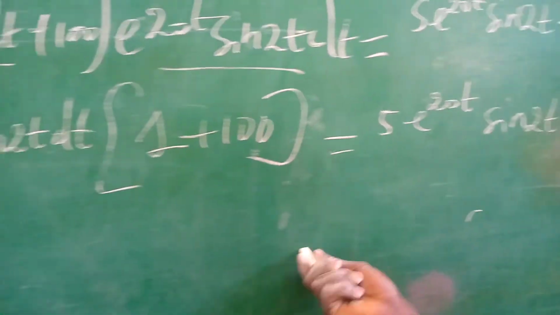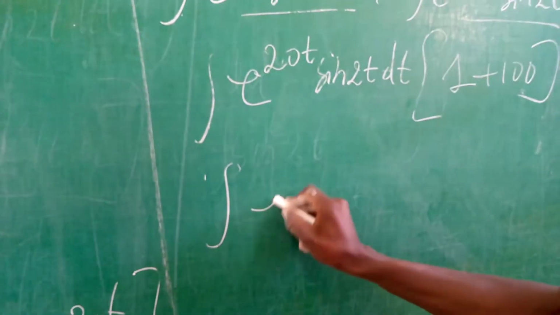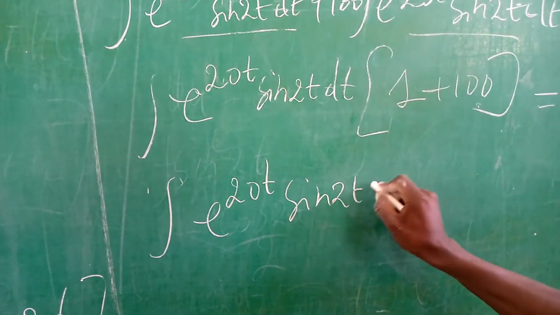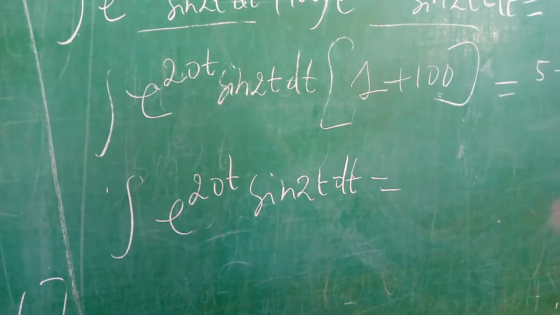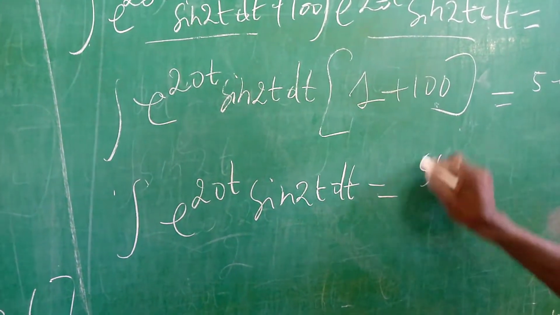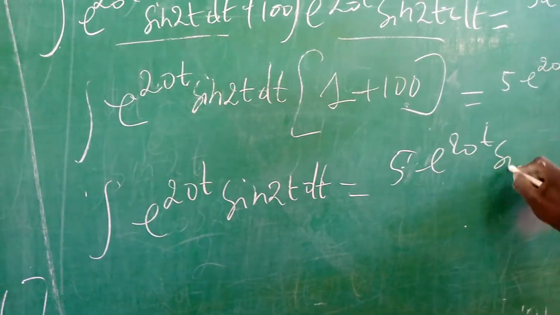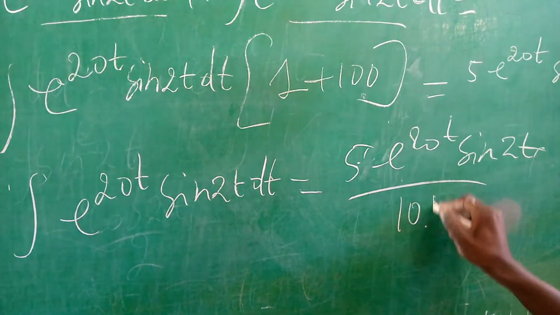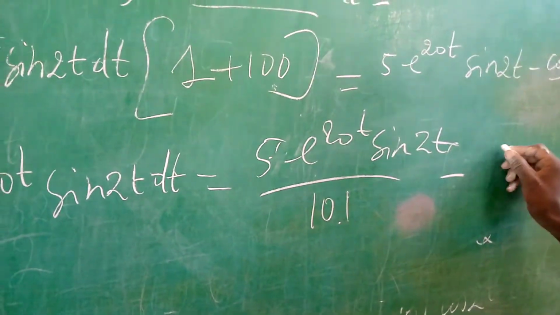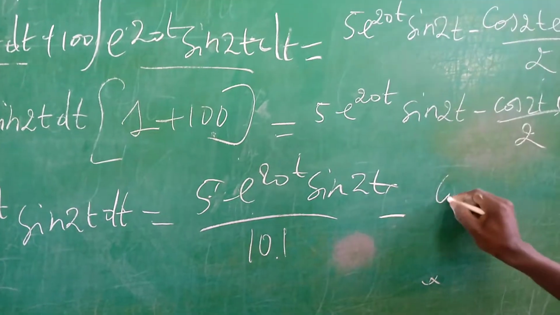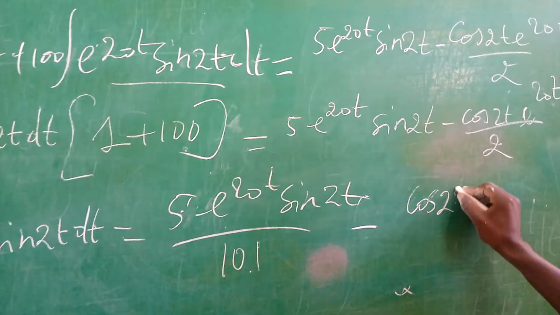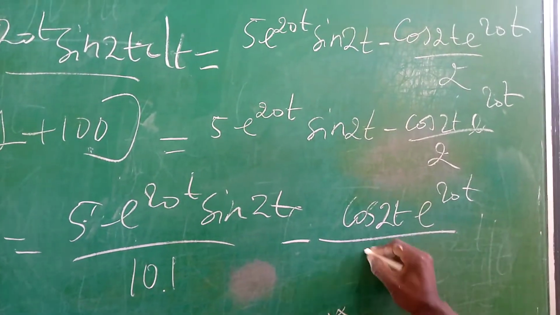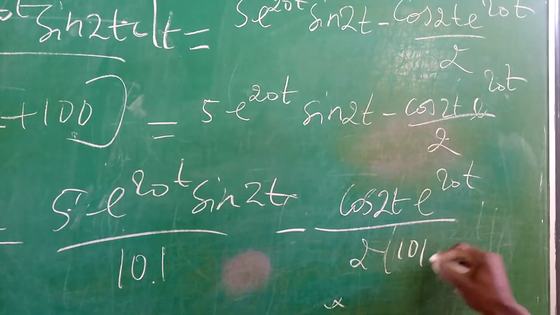So the integral of e^(20t) sine 2t dt is equal to 5 e^(20t) sine 2t over 101 negative cosine 2t e^(20t) over 101 times 2.